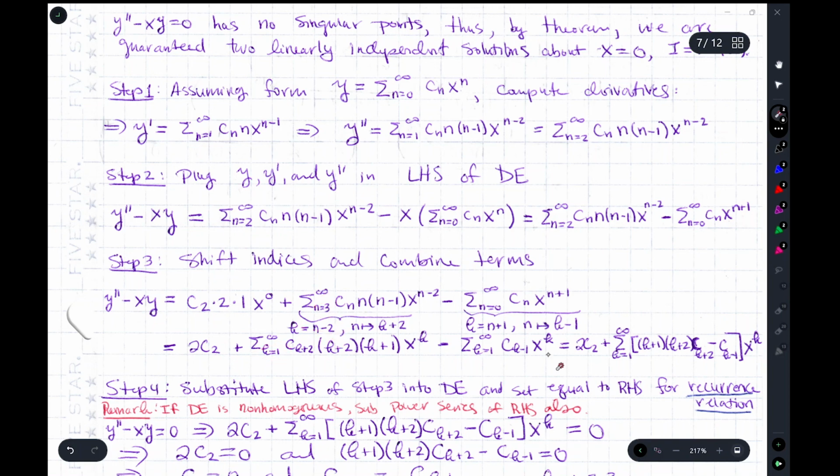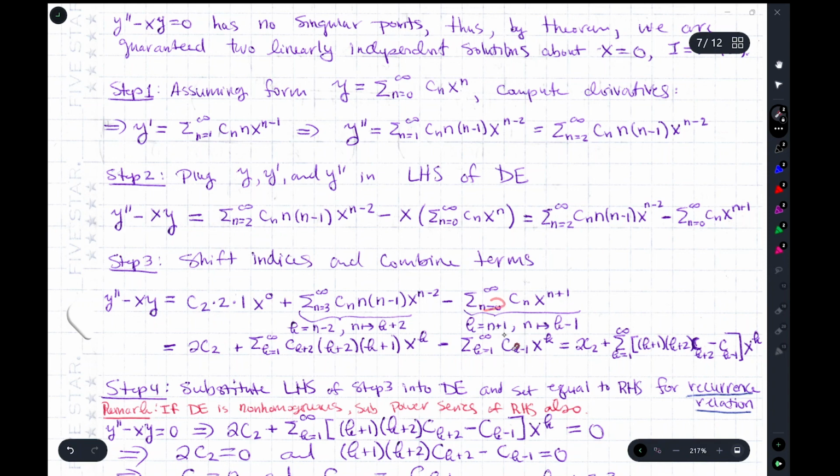Now we're going to do something similar here. We want to change this to k. And so this would require us to have k equal to n plus 1. Solving for n, we get n is equal to k minus 1. And so you see here, there's the k minus 1. And where do we start?